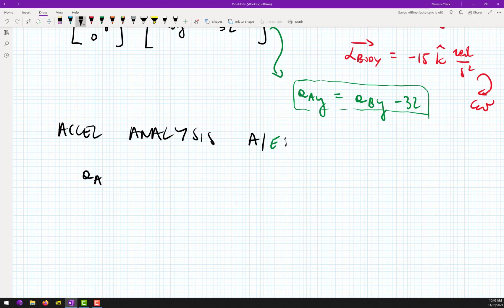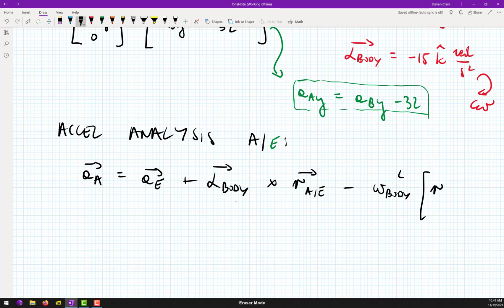So we'll have a_A is equal to a_E plus alpha body times r_AE minus omega body squared r_AE. It's really tedious, actually. I agree with you guys. So we found that a_A is 0, a_Ay, 0.